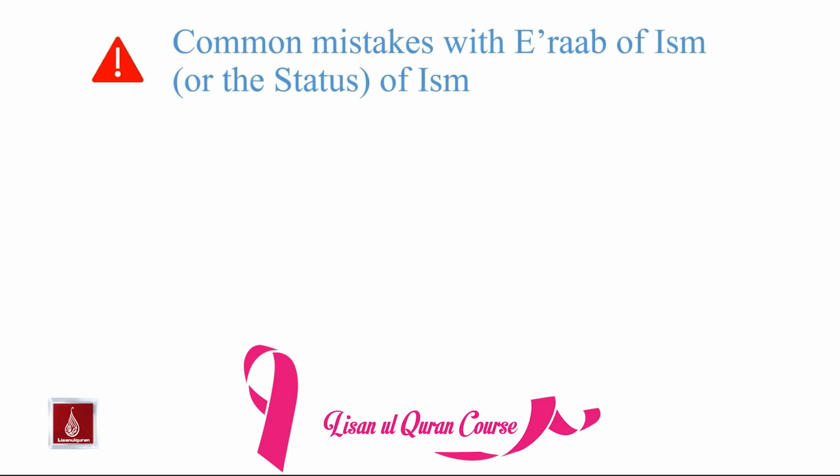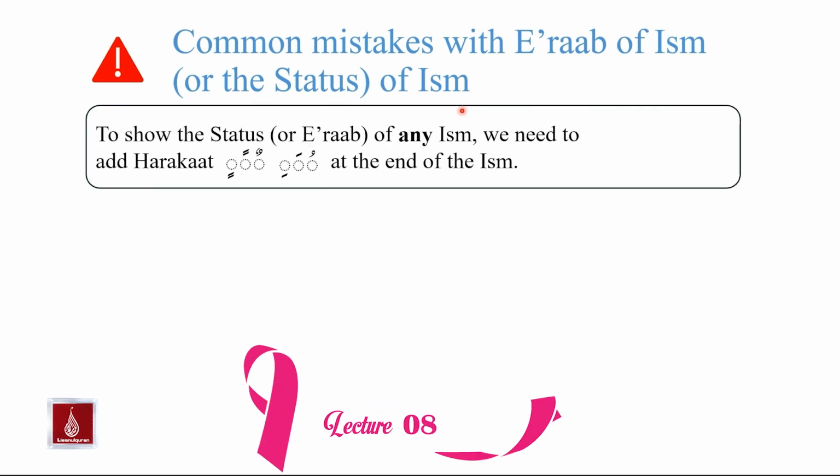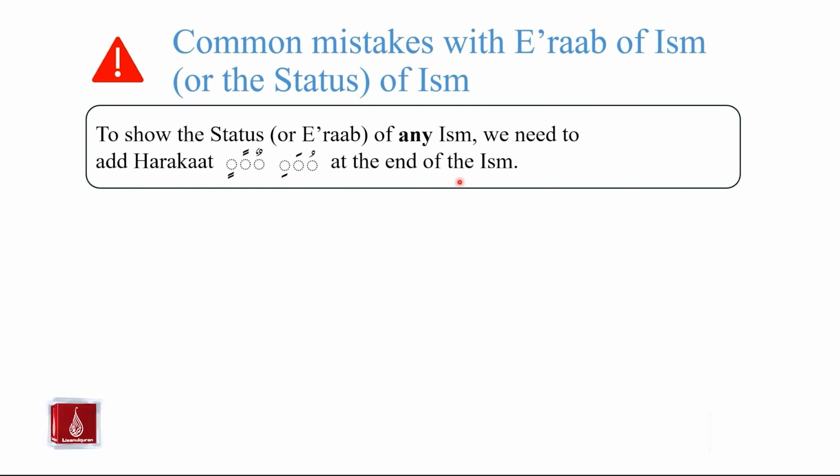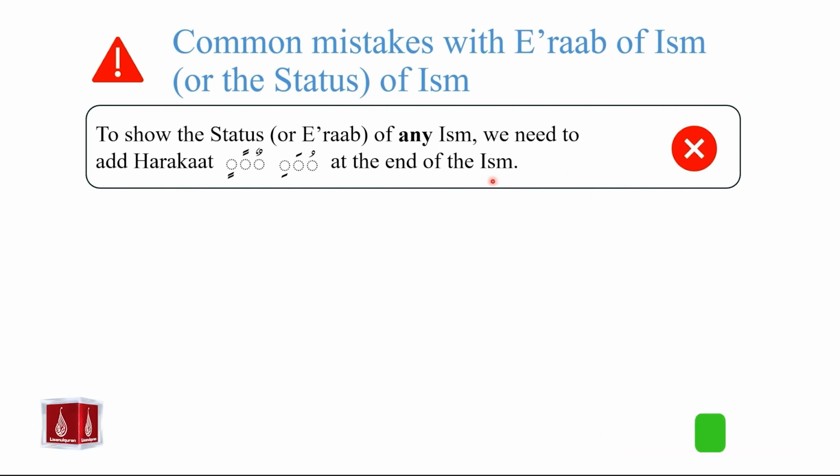Here are some common mistakes when it comes to the status of the ism. First of all, to show the status of any ism, we need to just add harakat at the end of that ism. This is incorrect. Adding harakat at the end of the ism is not the only way that we will be able to show the status of that ism.